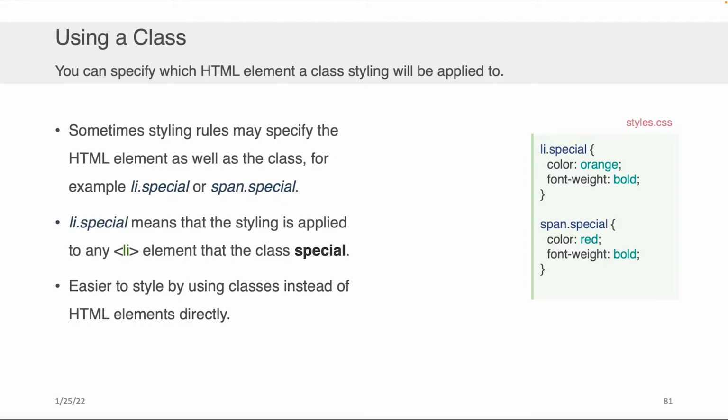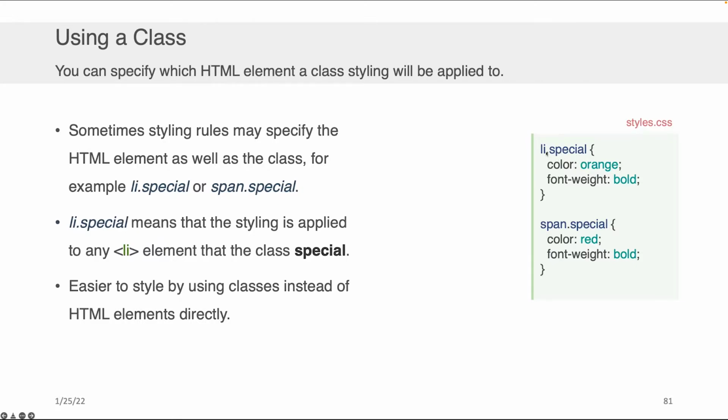Okay, the way that if you want to make that distinction clear, you do it like I'm showing there on the right. So you'd have li, and then you can see the dot special for the class. Remember, the classes always have the dot in front. Well, what this means is that this particular style rule only works for HTML li elements that have the class special. That's how you read this.